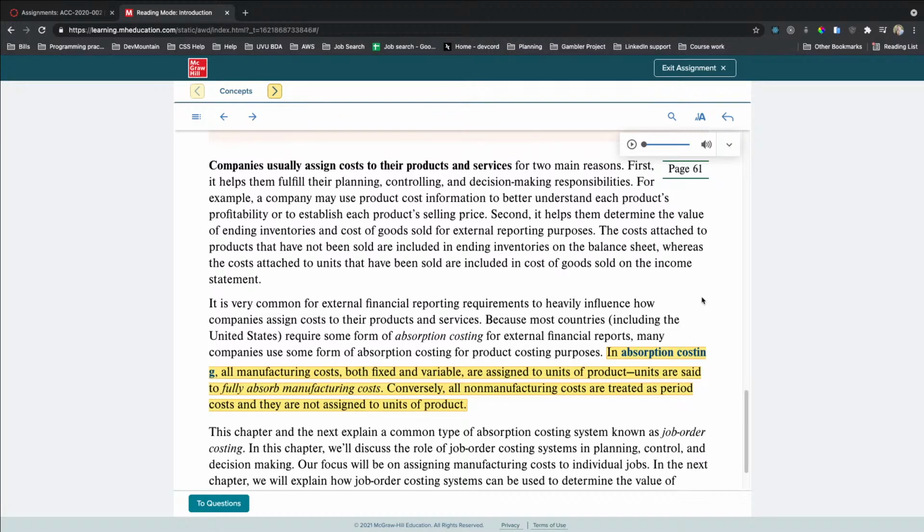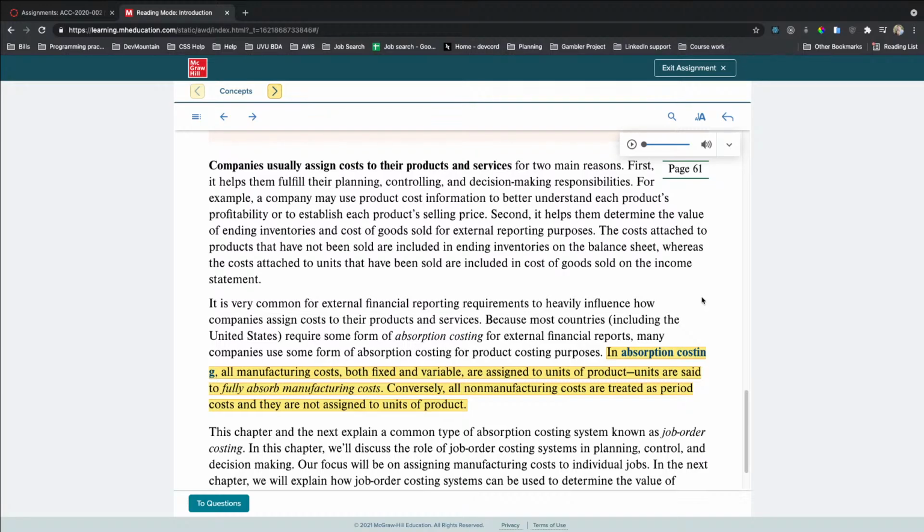It's very common for external financial reporting requirements to heavily influence how companies assign costs to their products and services because most countries, including the United States, require some form of absorption costing for external financial reports. Many companies use some form of absorption costing for product costing purposes.